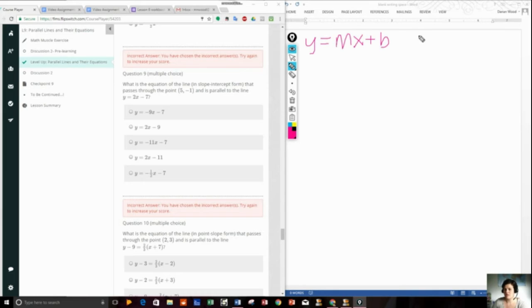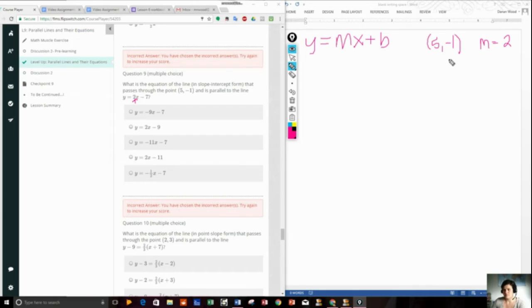They're giving us a point 5, -1, and it is parallel to the line that was given. And from that line, y equals 2x minus 7, I can identify the slope. And the slope is 2. It is the m, and 2 is where the m is in this. So our slope is 2.